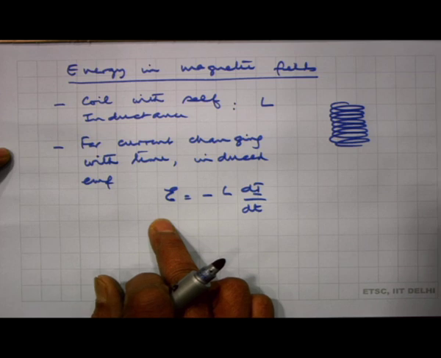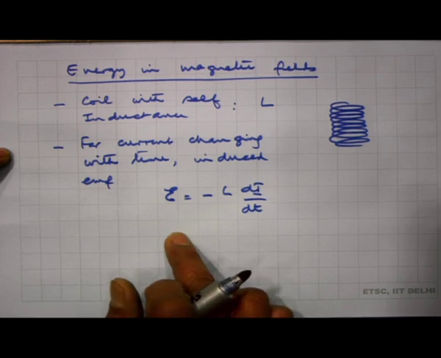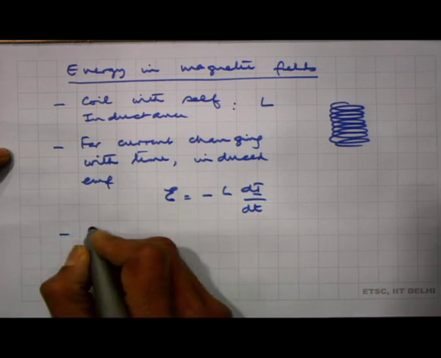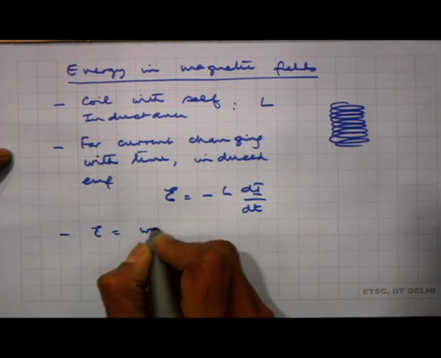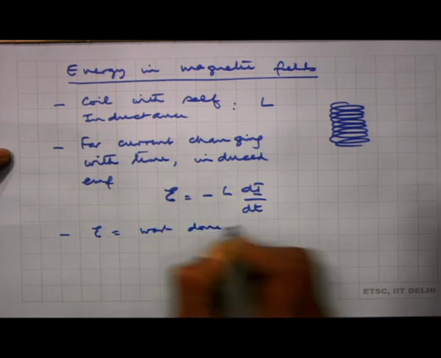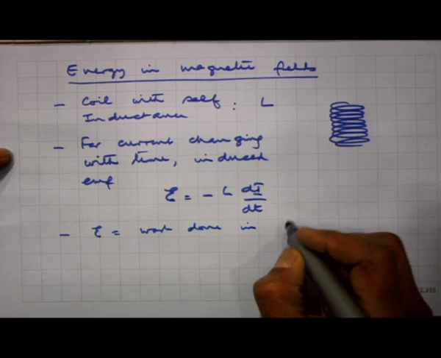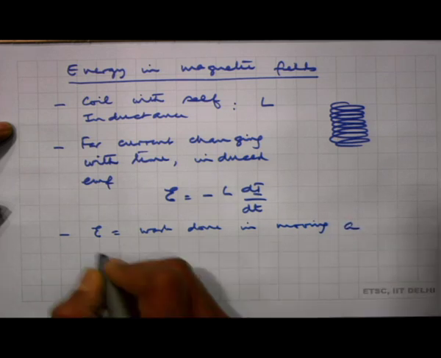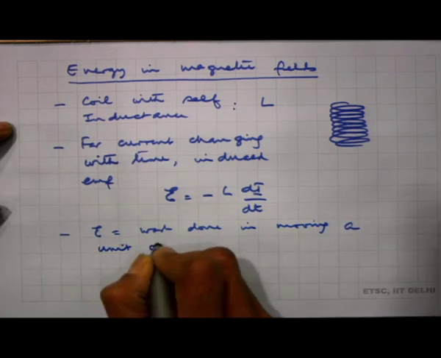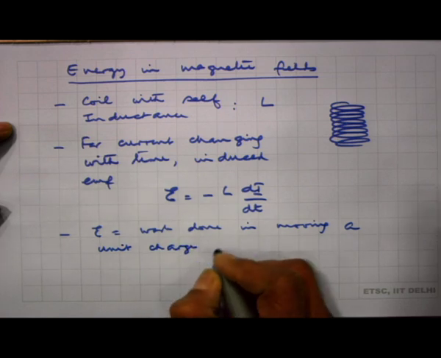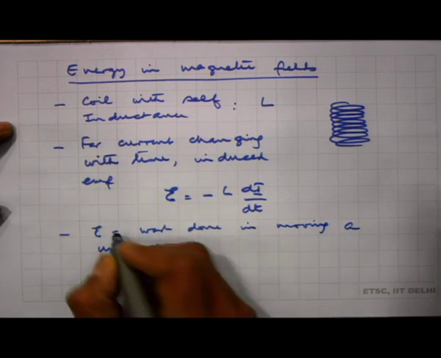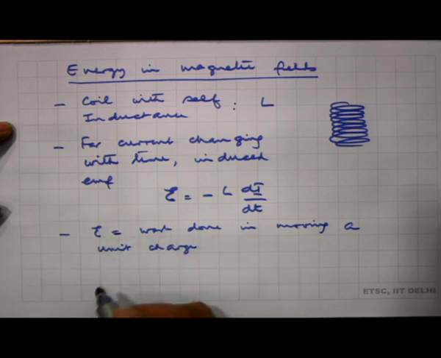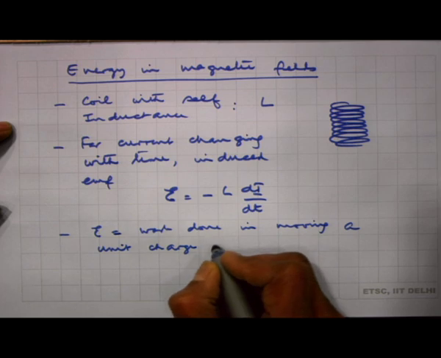EMF is nothing but the work done in carrying a unit charge across the complete circuit. So, E is equal to the work done in moving a unit charge through the circuit.